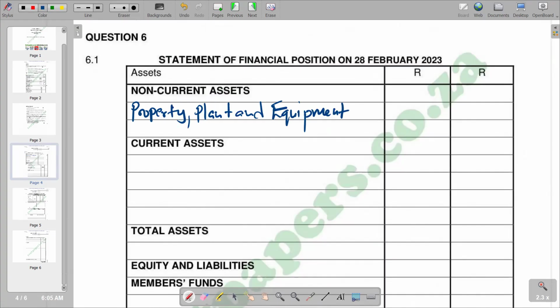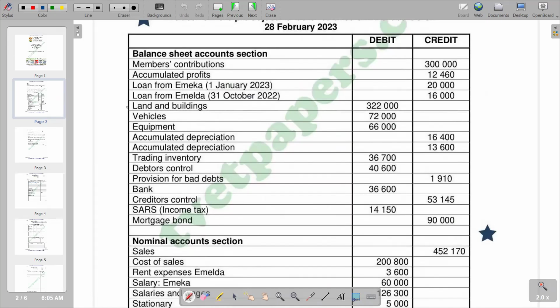Then obviously we need to add all that non-current assets that we have representing our property, plant, and equipment. So if you try to go back, you'd see that we have got information of land and buildings as our property with 322,000, vehicles 72,000, equipment 66,000.